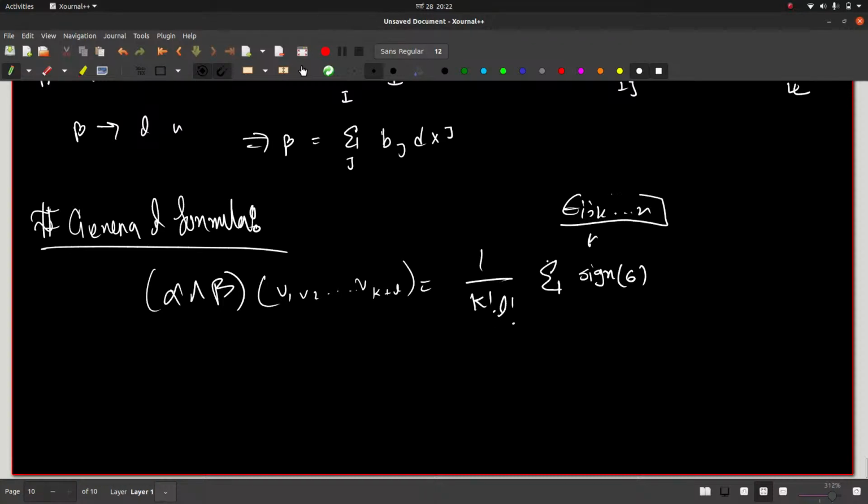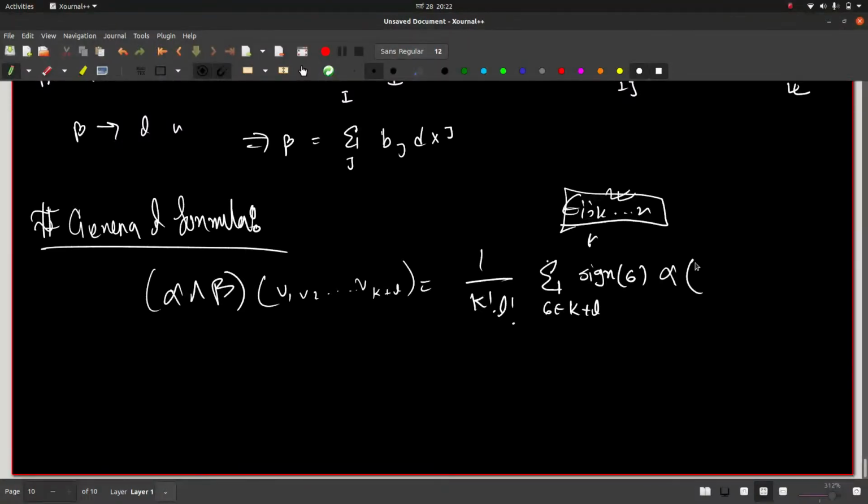Again, I'm not using this, though this is the most straightforward thing, because we are not discussing tensors, so that's why I'm not going to use it. And the sigma belongs to S(k+l). For different k's and l, you have to see what the sign is.